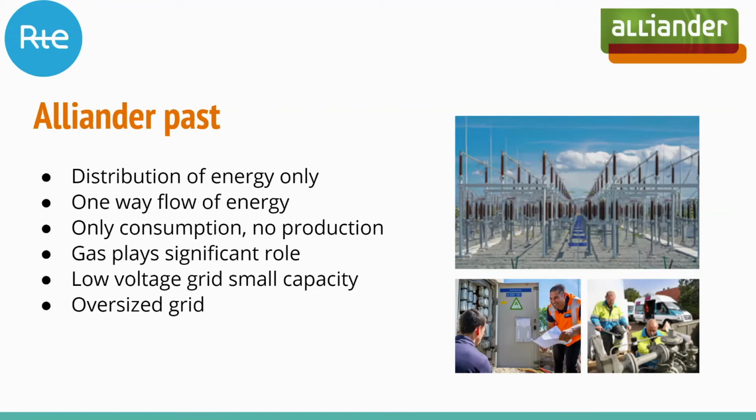And also in the old days, you had an oversized grid, meaning capacity wasn't any kind of issue. It was over dimensioned. We also said, well, it's working fine. That's also why we had the 99.99 percent reliability. But things have changed. Next slide, please.